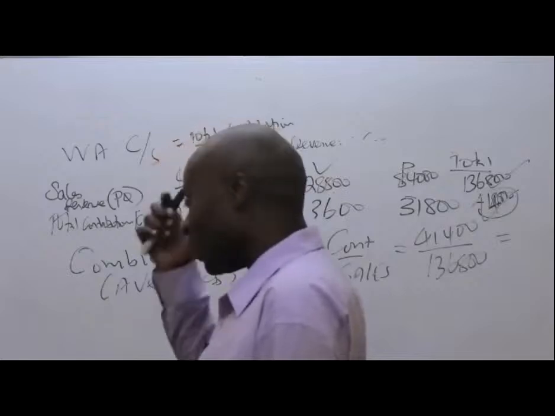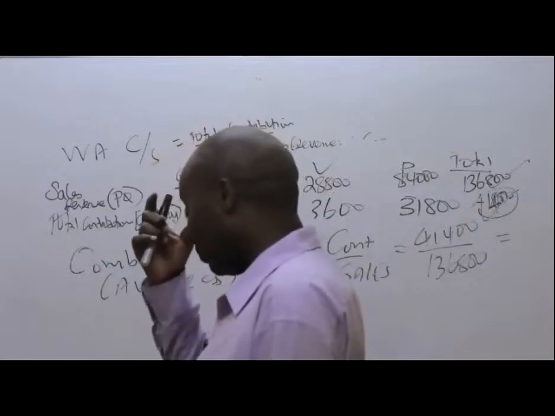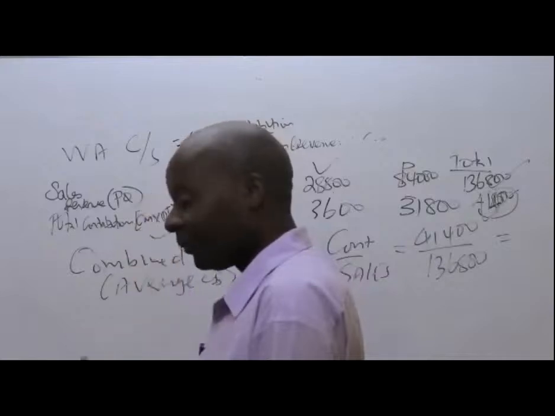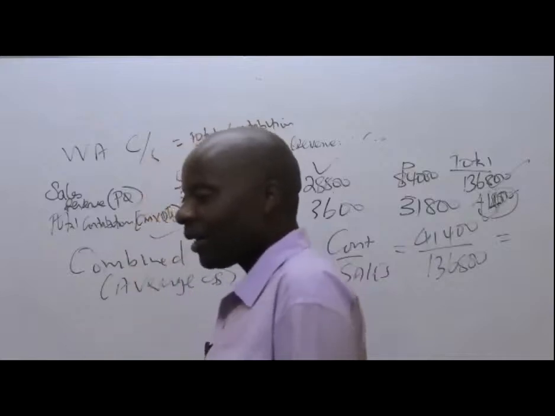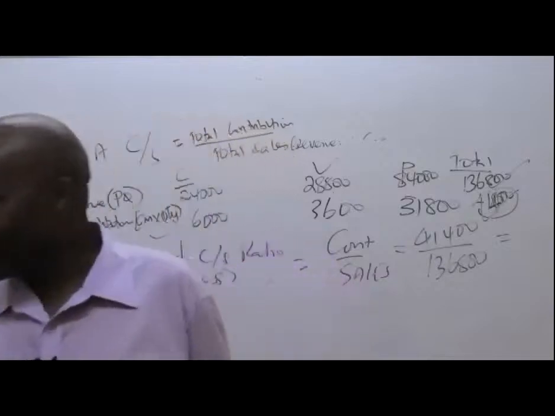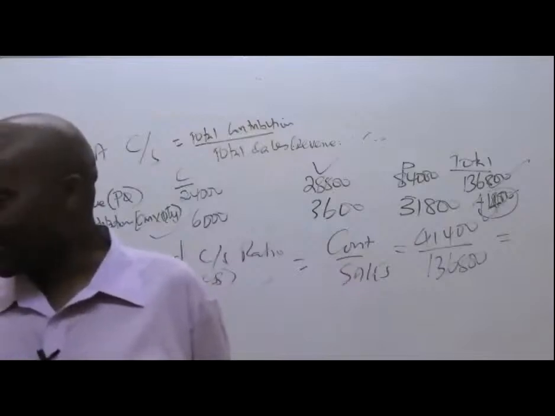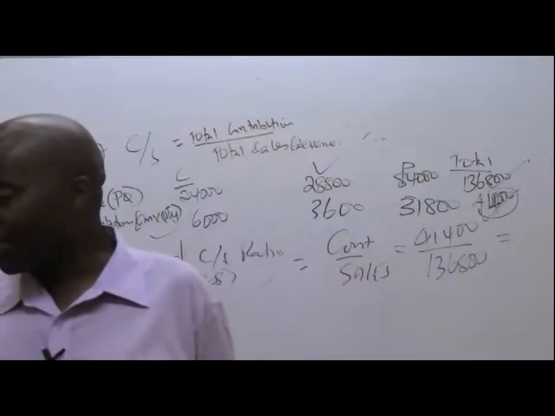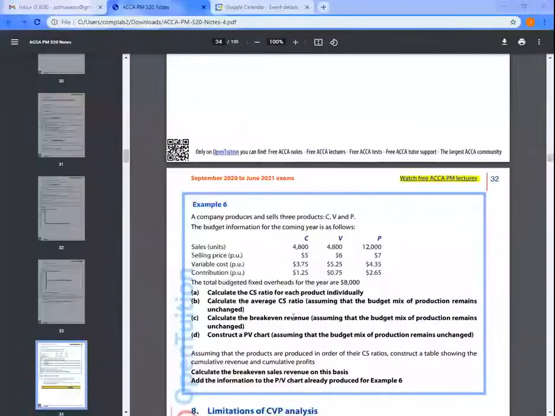How about this one? Where have we gone wrong? The CS ratio. Is there somebody who is able to pick the figure? Because now contribution here is 1.25 times 4,800. What figure do we have?